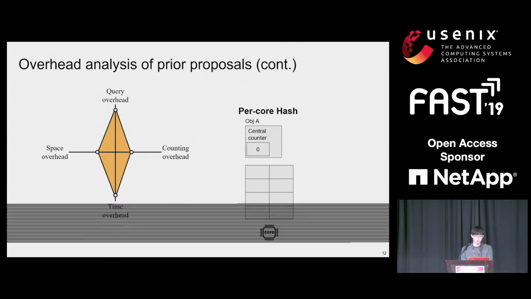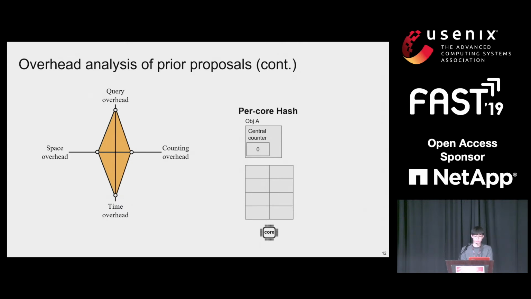The story for per-core hash-based schemes goes well as long as the workload accesses a small number of reference counters. However, if we run a workload that accesses a large number of objects that may populate the entire hash, then we face another problem.